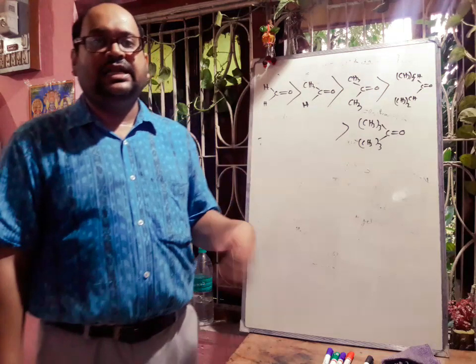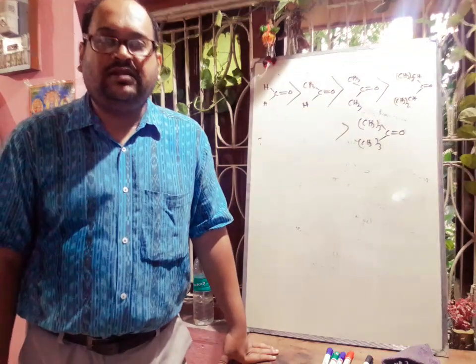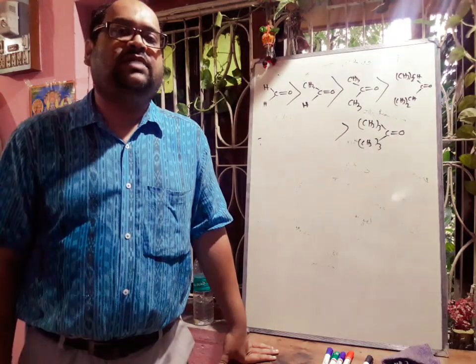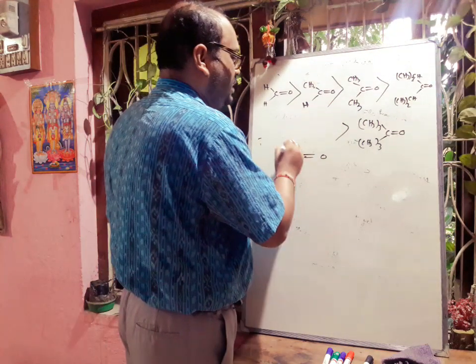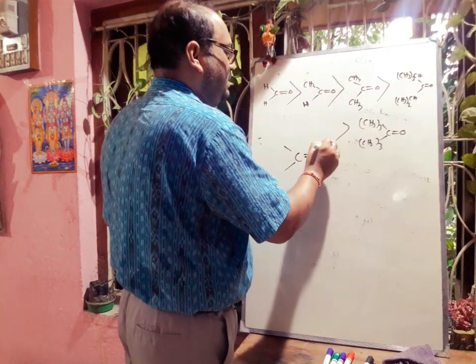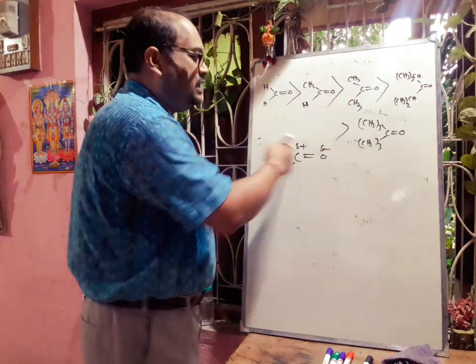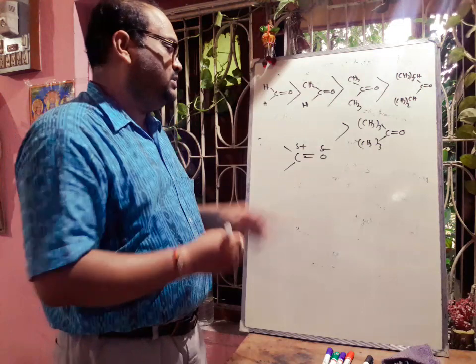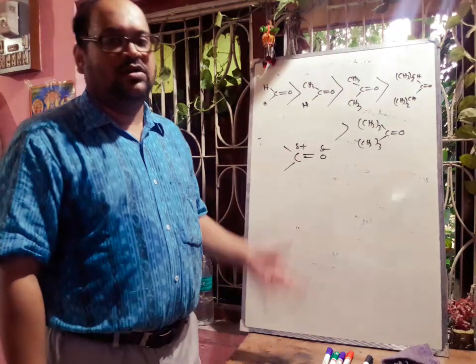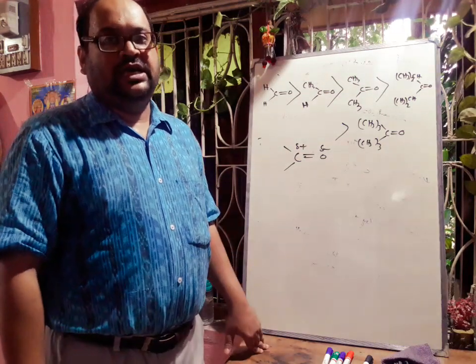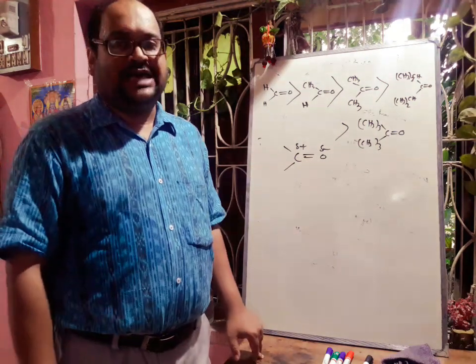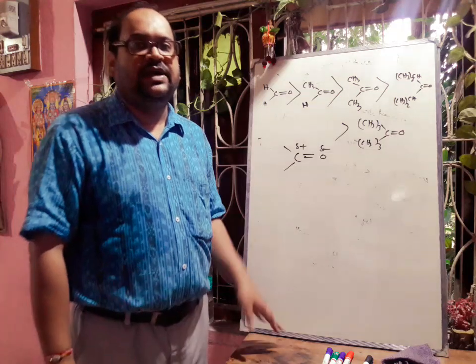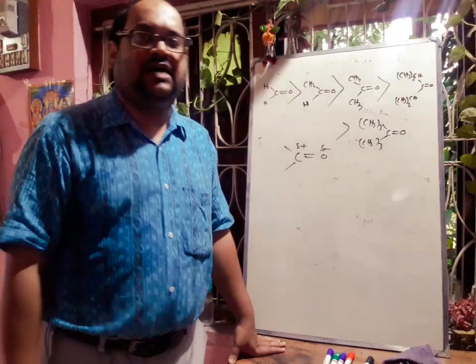Next we will discuss the electronic factor. The extent of nucleophilic attack depends upon the magnitude of the positive charge on the carbonyl carbon. Here the carbonyl oxygen is delta negative and the carbon is delta positive. If the magnitude of the delta positive is more, then the attack will be easier. In ketones there are two alkyl groups, so there will be two plus I effects, which try to neutralize the positive charge on the carbonyl carbon.